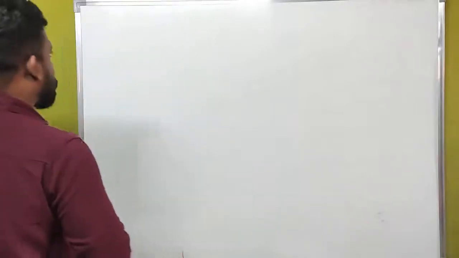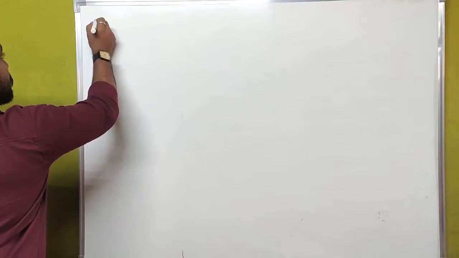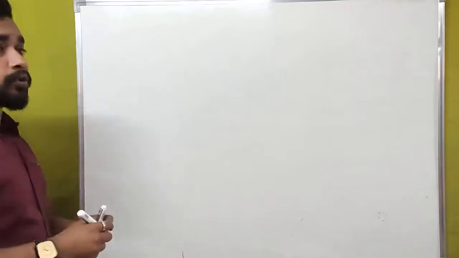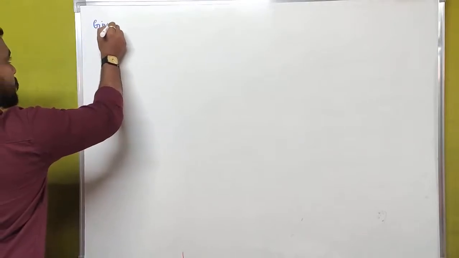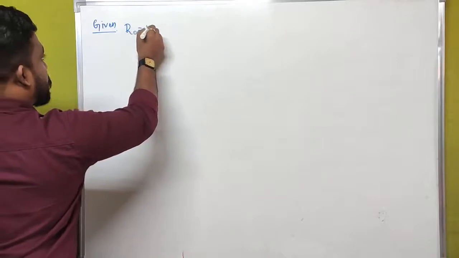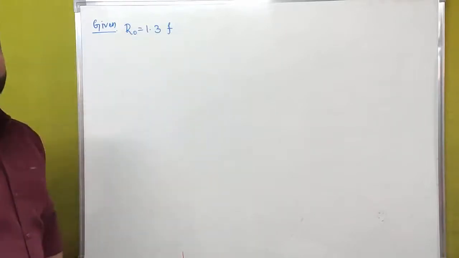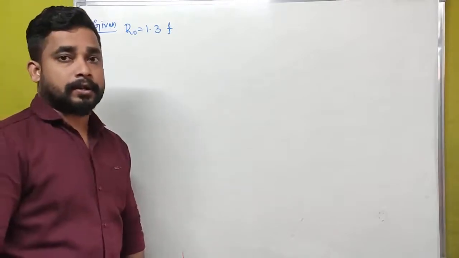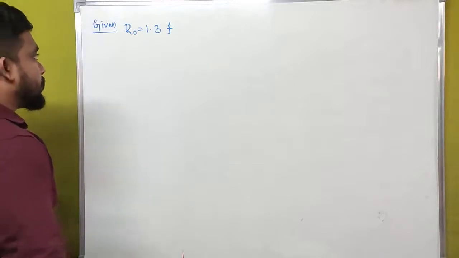Before going to that, we have to write the given constants. The given constants are R naught equal to 1.3 Fermi. What is Fermi? Fermi is 10 to the power of minus 15 meter.